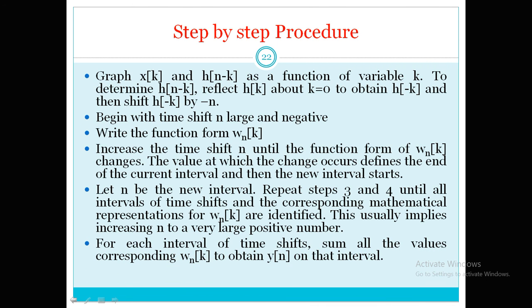Now for each interval of time shifts, sum all the values corresponding to Wn of k to obtain y of n on that interval. That's all. So once you have obtained Wn of k, we need to do the sigma to get y of n according to the previous formula. So this is the explanation for the step-by-step procedure of the convolution sum.